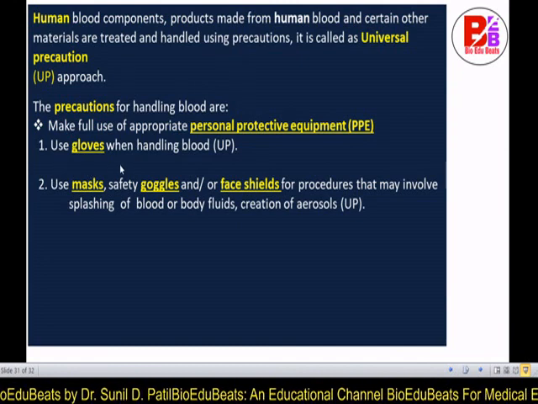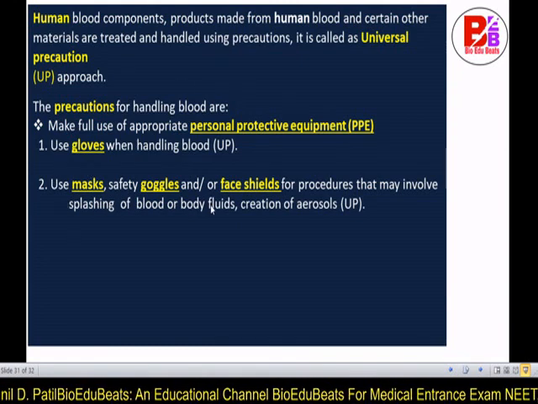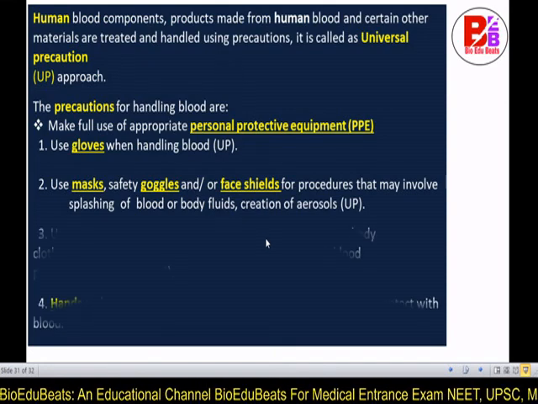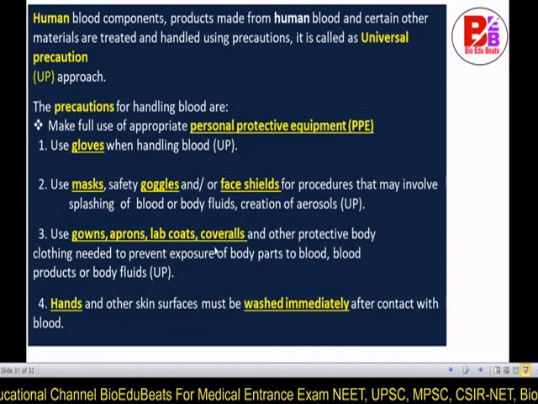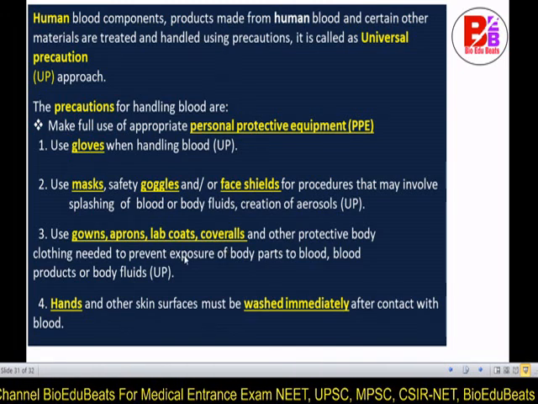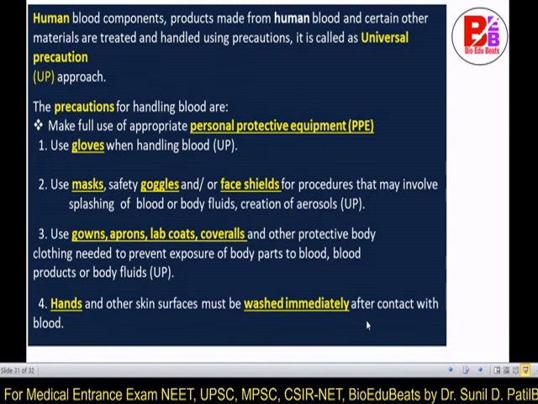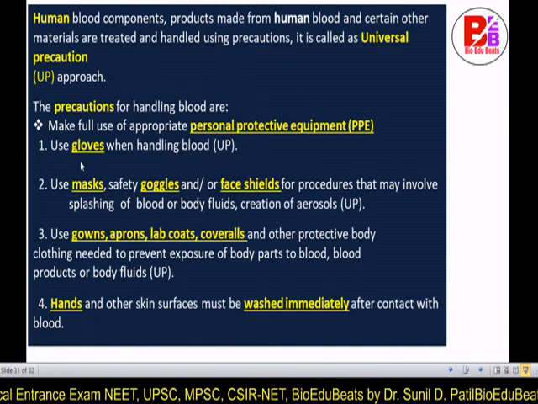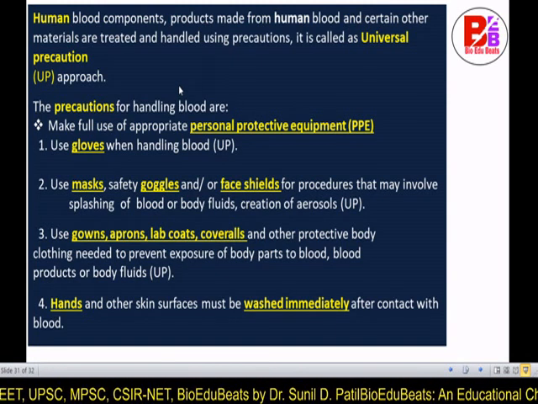Use gloves when handling blood, then masks, safety goggles, face shields, etc. Then use aprons, gowns, lab coats, coveralls, and wash hands immediately after contact with blood. So these are the universal precaution approaches when handling blood.